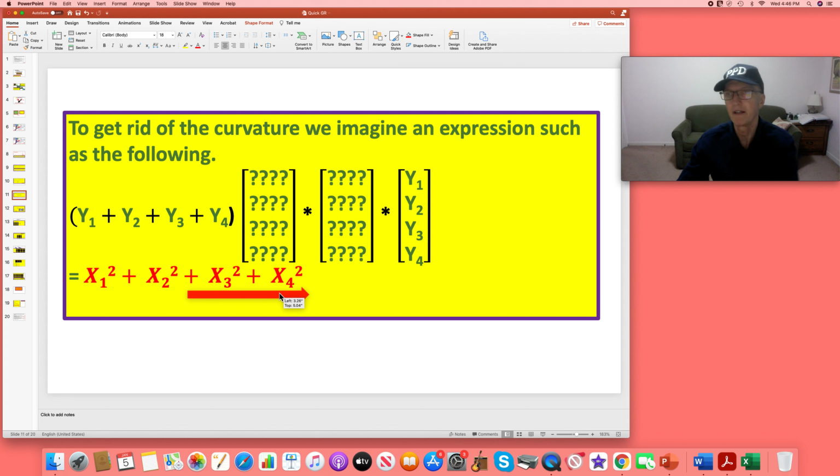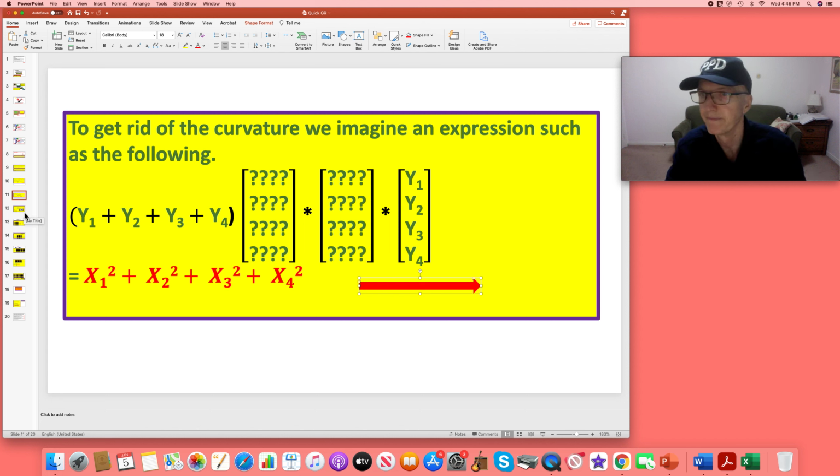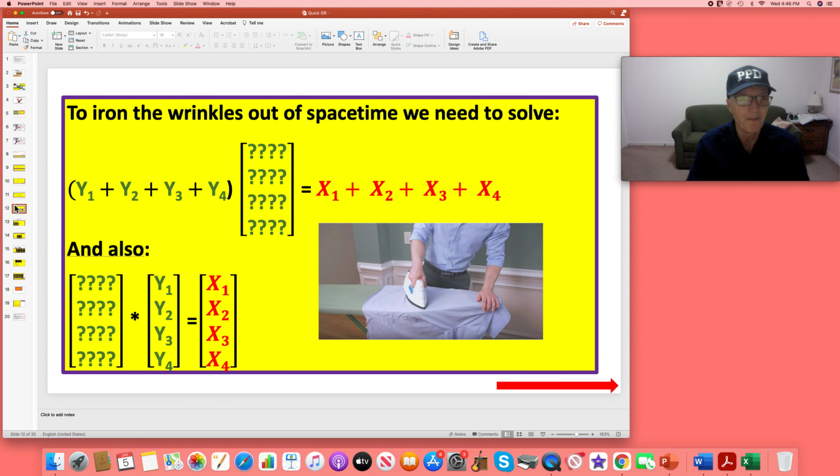We want to extricate that same invariant that we found in special relativity, and we're going to make the model do it because it's our model. And Einstein did it too because it was his model. Okay, so let's do that now. To iron the wrinkles out of space-time, we need to solve the following. I have a nice little picture of what we're doing: we're ironing the wrinkles out of our model.